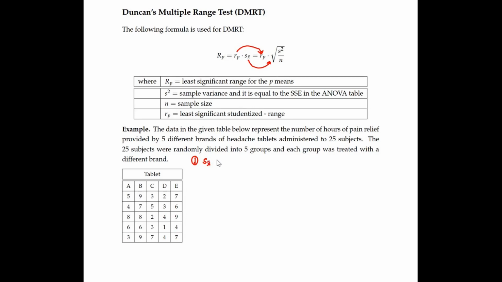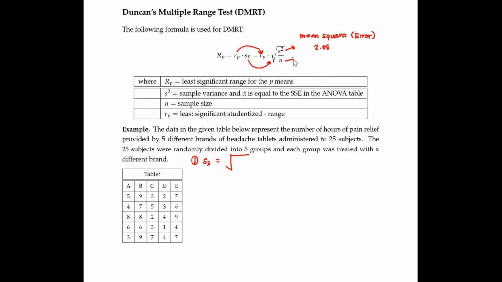So let's compute for S sub x bar, equal to the square root of S squared over n. S squared here, from our table, is the mean square error. So that is equal to, from the table, 2.88.